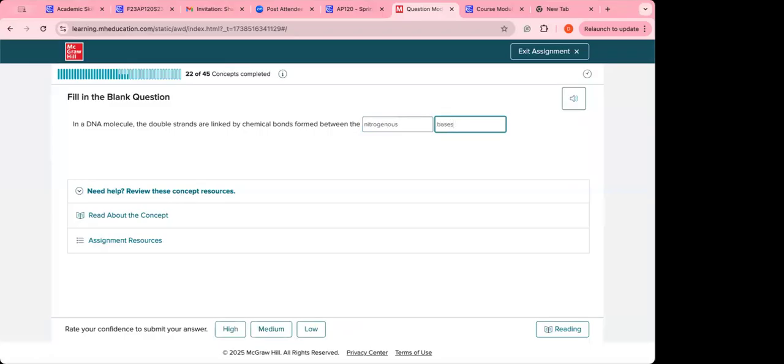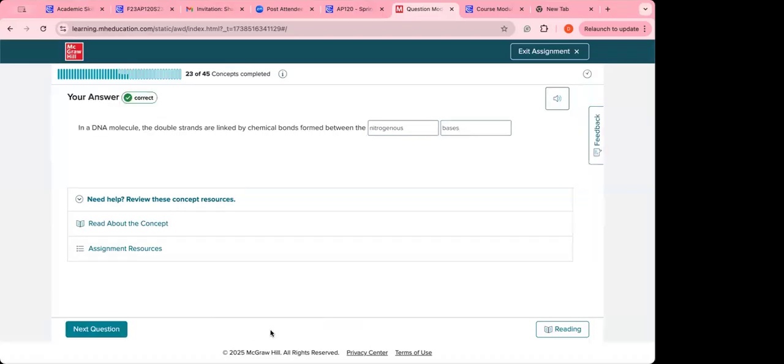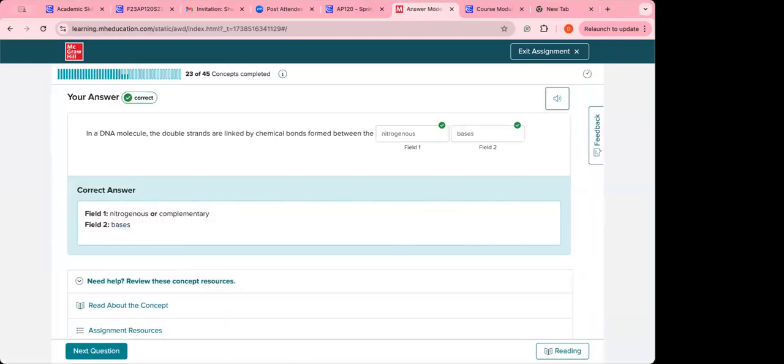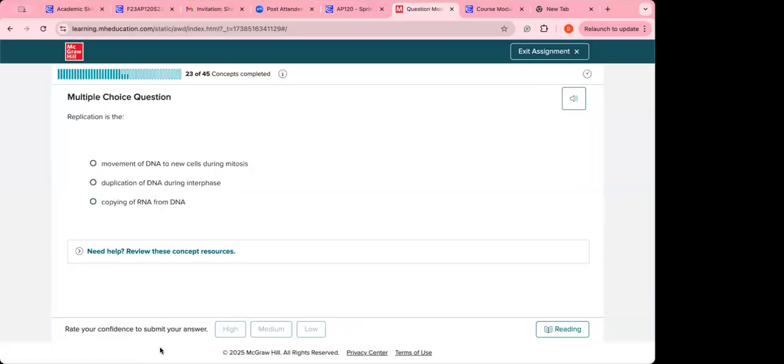Let's try that and see if that's what they want. Yeah, okay. Nitrogenous or complementary. Okay, that makes sense.